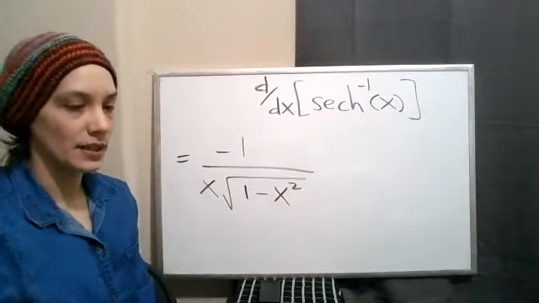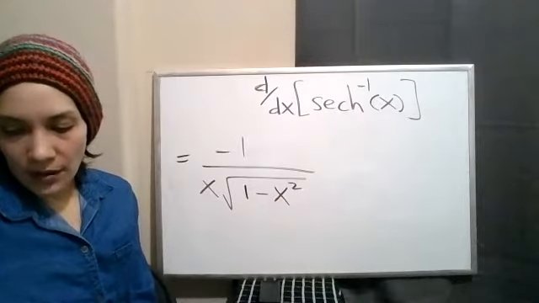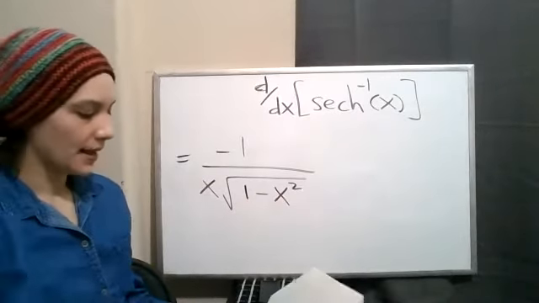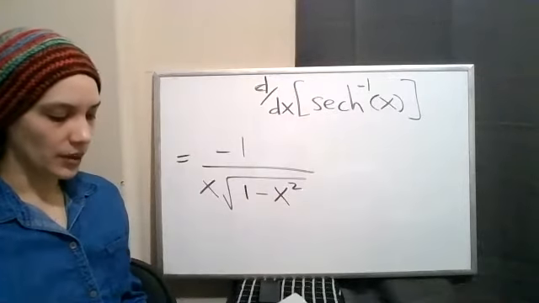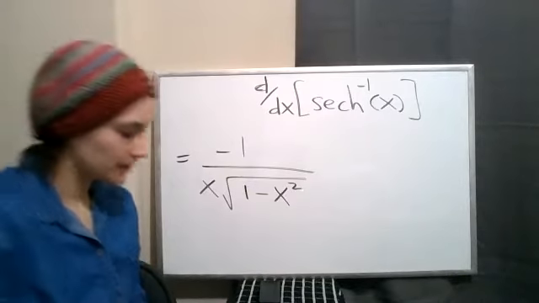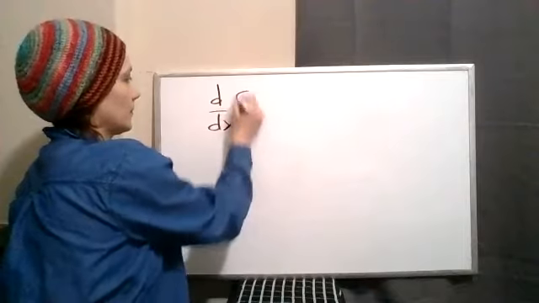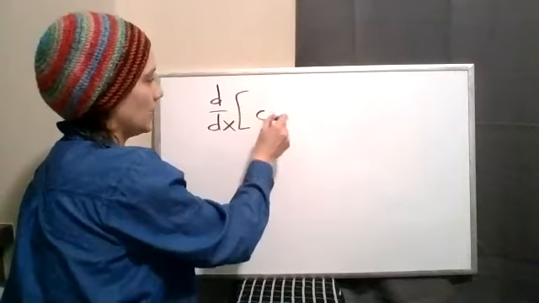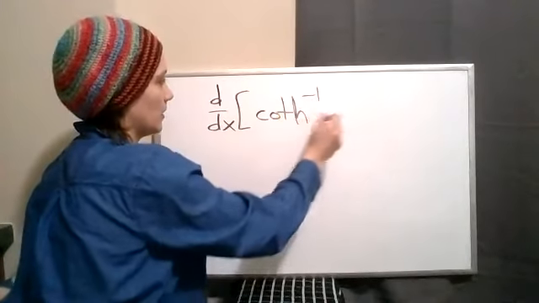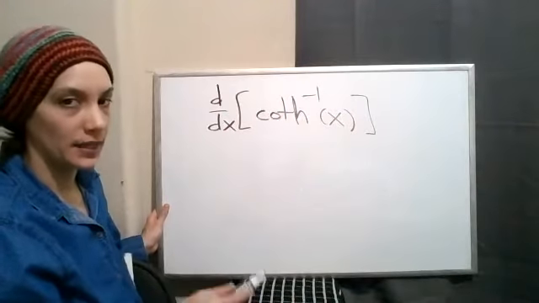And then the last one is the same as the derivative of the inverse of hyperbolic tangent. So the derivative of the inverse of hyperbolic cotangent, coth inverse of x, is also 1 over 1 minus x squared.